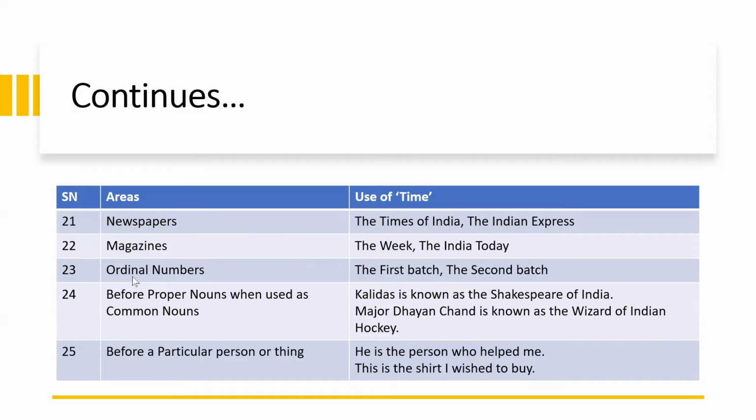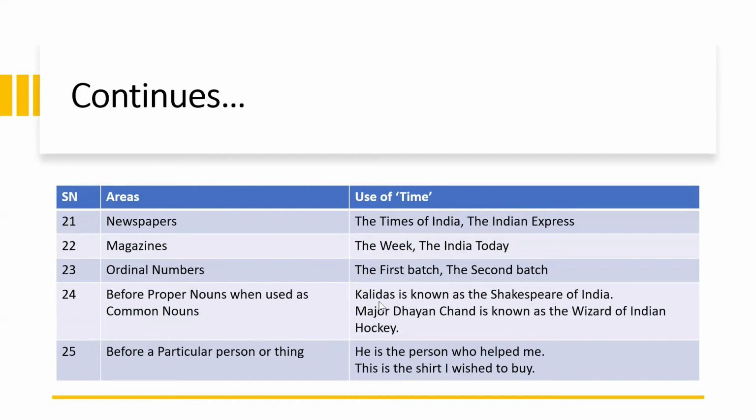Before all the ordinal numbers, the first batch, the second batch, please notice the use of the definite article the in each expression. Before proper nouns when used as common nouns.